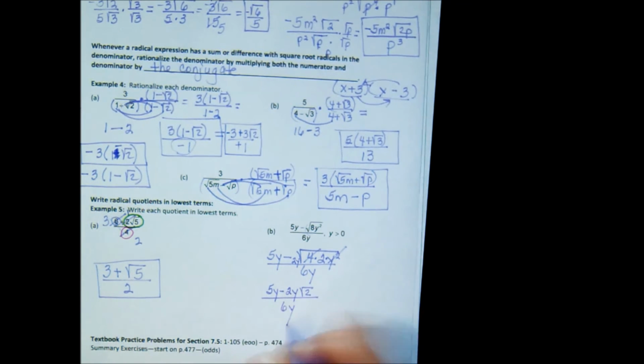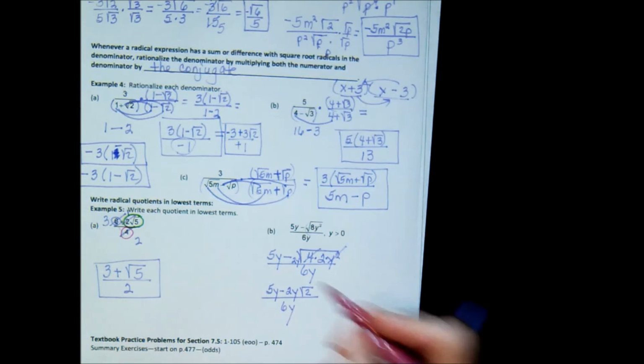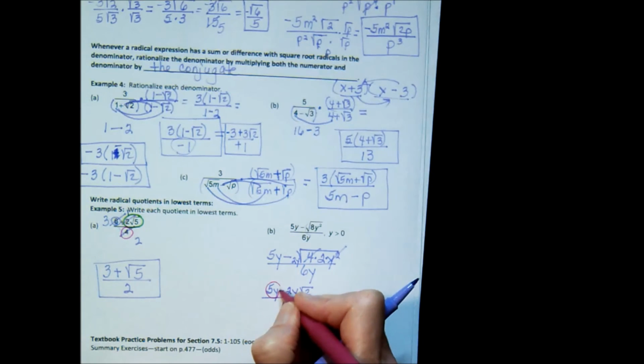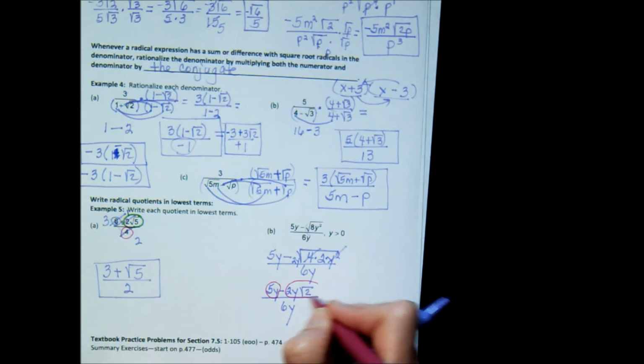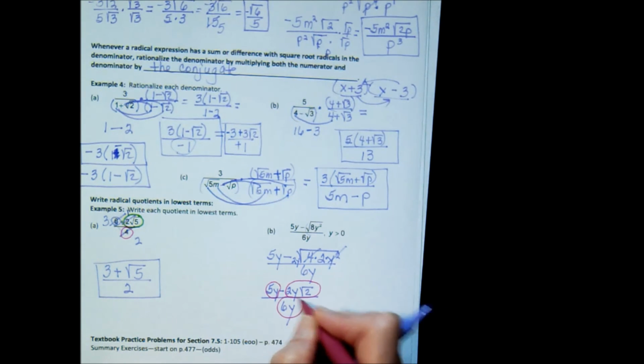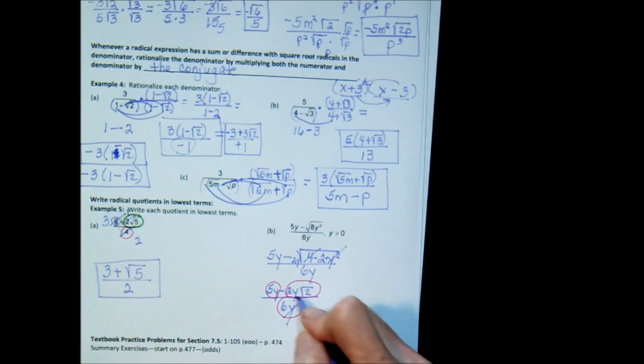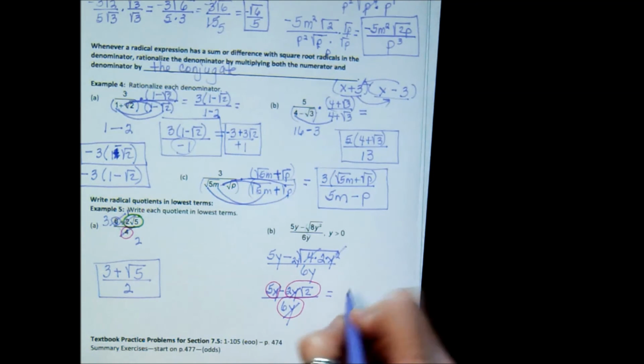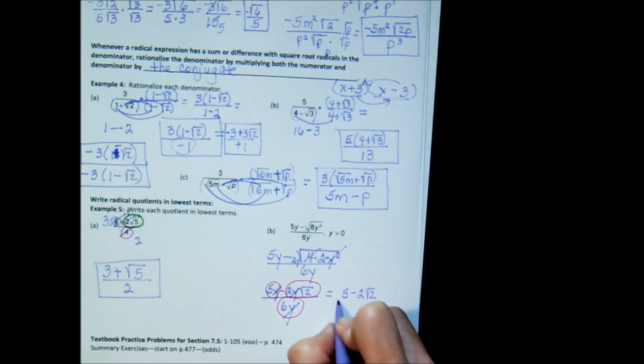Let's look again at the 3 terms. There's 1 term, 2 terms, 3 terms. What's the only thing that goes into all 3? It is a y. So these y's can cross cancel because they all have 1. And I end up with 5 minus 2 radical 2 over 6. Please look carefully at this answer.